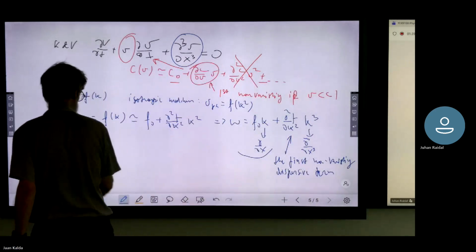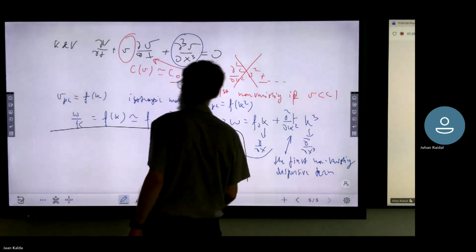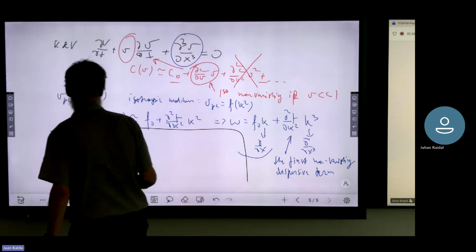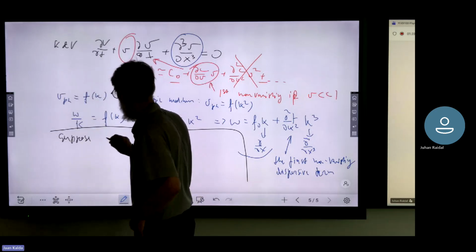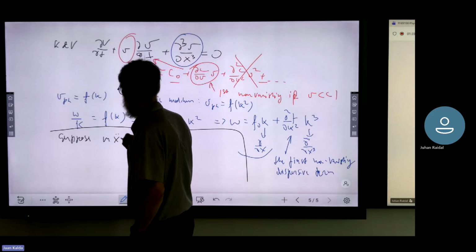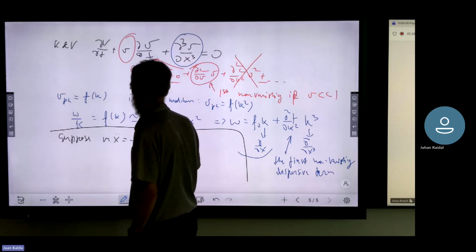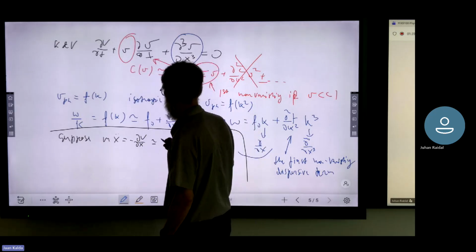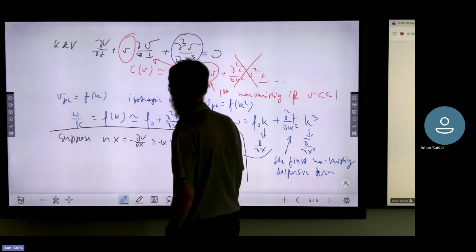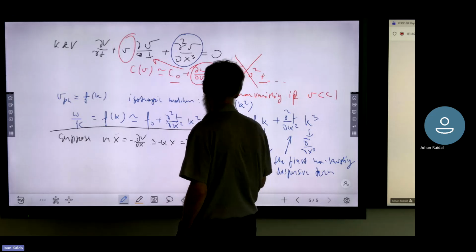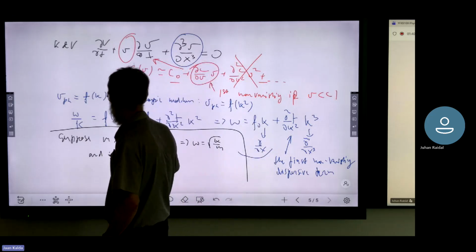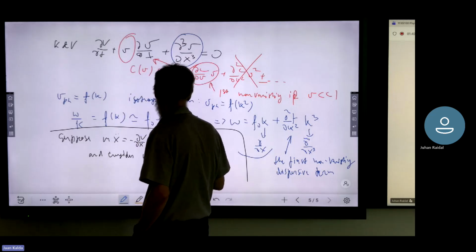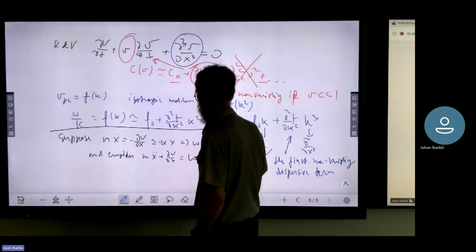So, suppose we have m x double dot equals minus dV over dx, approximately equal to minus kx, then omega is the square root of k divided by m, and consider m x double dot plus dV over dx equals cosine omega t.